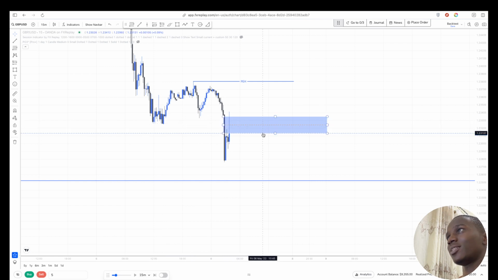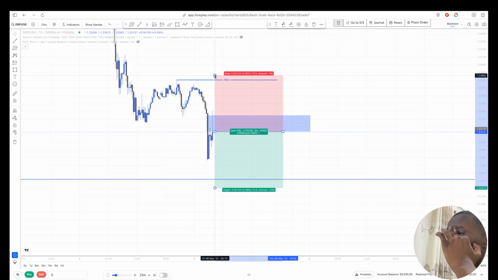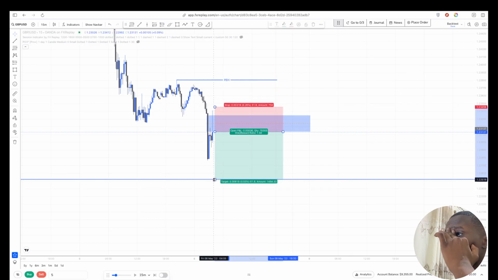The breaker block coinciding with the fair value gap will give us a good confirmation to enter a trade. So I think here we can look for a short trade which will be something like this and this. So it's a 1 to 2 trade.